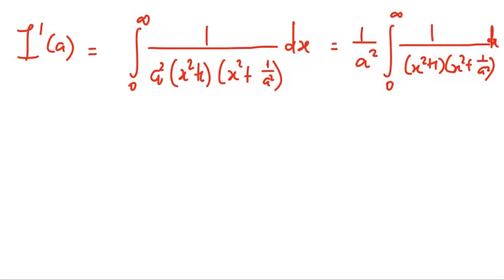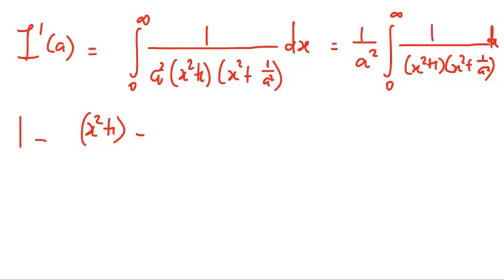Okay, first, let us find out the difference between the factors. So this is what I mean. If you check out x squared plus 1 minus, remember at the numerator we have 1, so we need to make 1 from here.